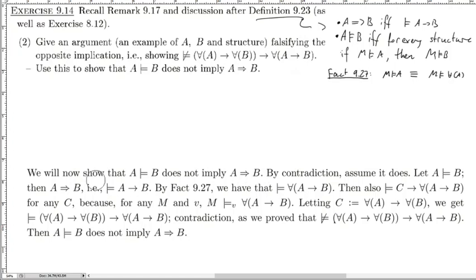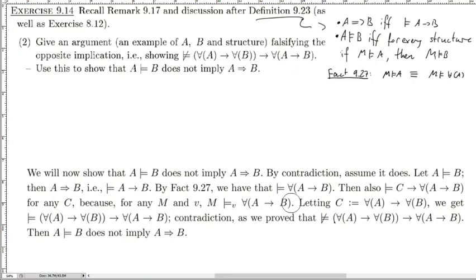And if B is a logical consequence of A, then if you look at definition 9.23, this means that A implies B is valid. And by fact 9.27 here, if A implies B is valid, then for all A implies B is valid. Which means that we can also have that C implying this, for some random C, is also valid, because being valid means that for any M and V, this holds.